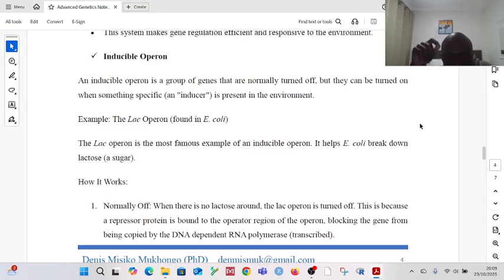The presence of that repressor protein prevents the genes from being transcribed by the DNA-dependent RNA polymerase. It is called DNA-dependent RNA polymerase because it is an RNA polymerase enzyme creating an RNA transcript by depending on a DNA sequence.